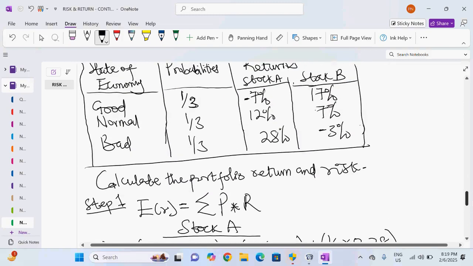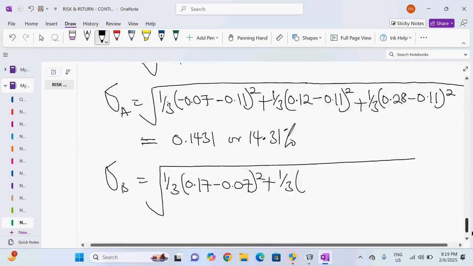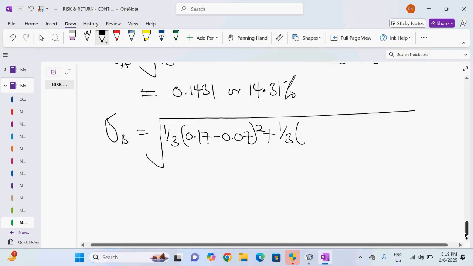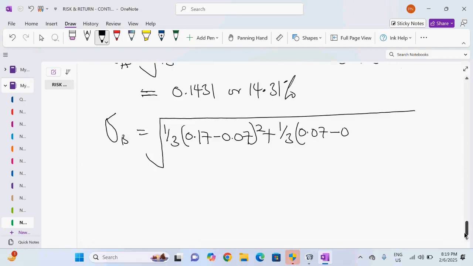Normal is how much? And for stock B, 7%. So that is 0.07 minus 0.07 all squared plus 1 over 3.